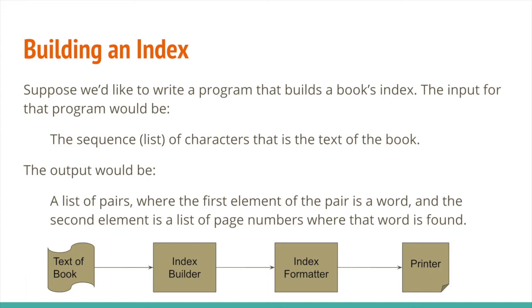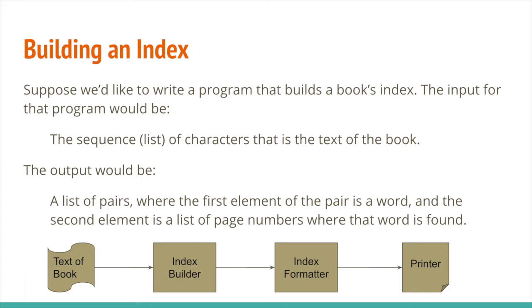The output of our index builder would be a list of pairs where the first element of the pair is a word, and the second element is a list of page numbers where that word is found.